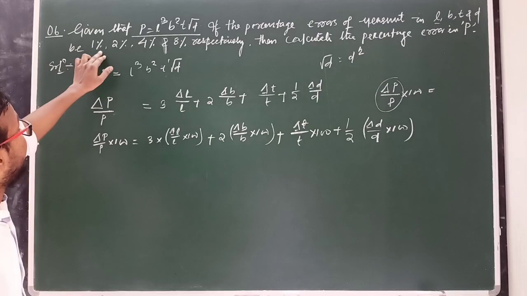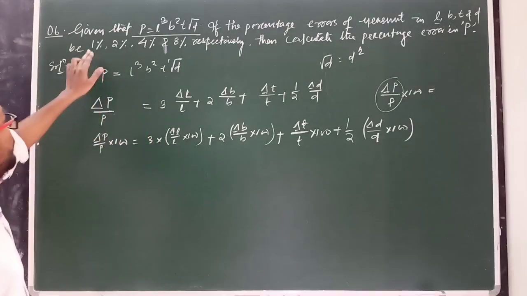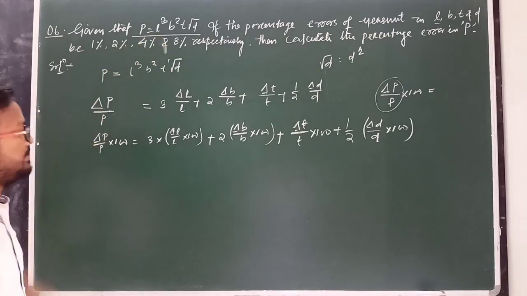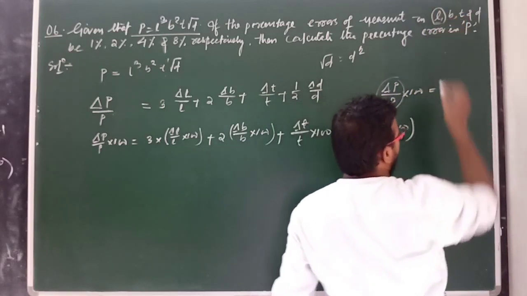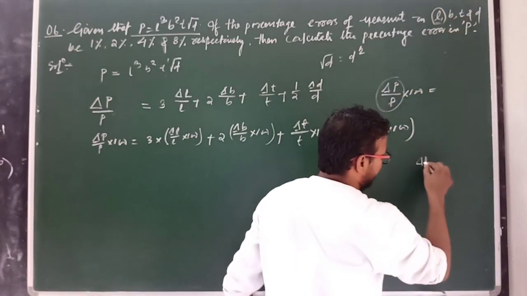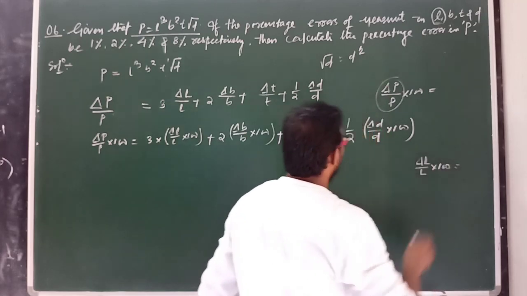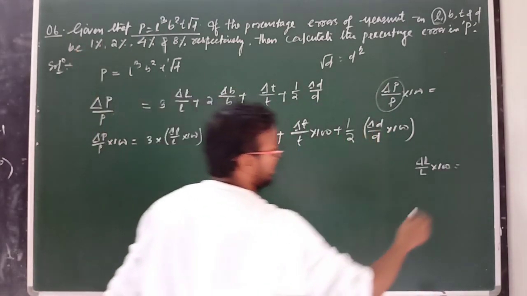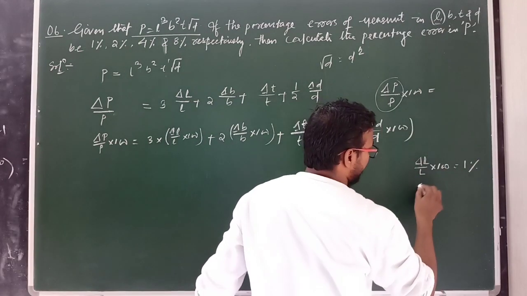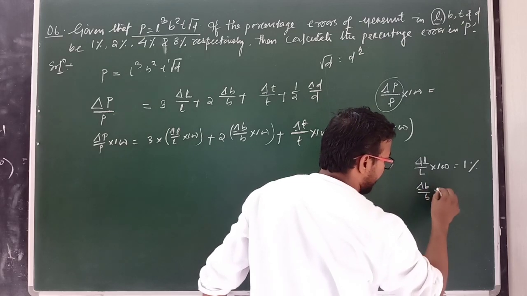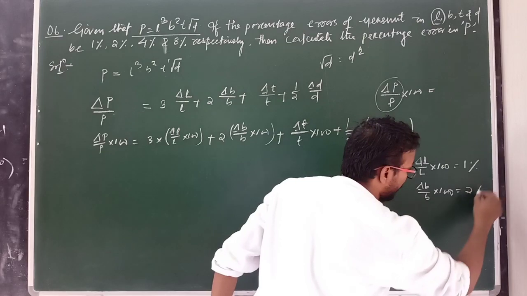Given that the percentage errors of L, B, T and D are 1%, 2%, 4% and 8%, that means the percentage error in L, delta L by L into 100, is given as 1%. Similarly, the percentage error in B, delta B by B into 100, is given as 2%. Clear?